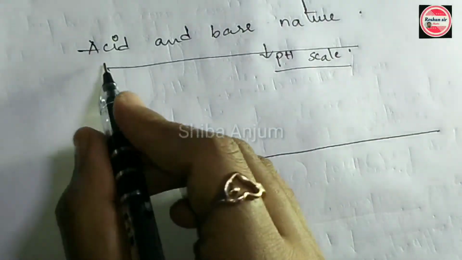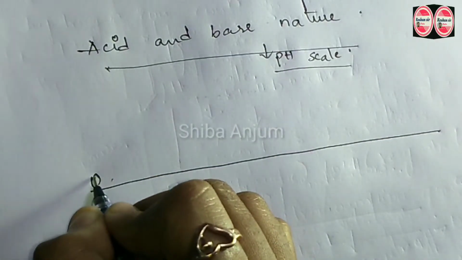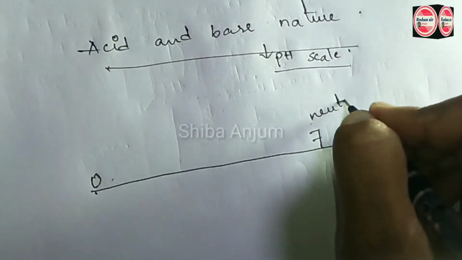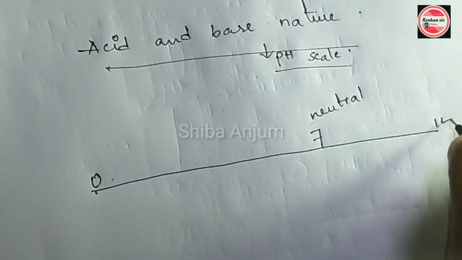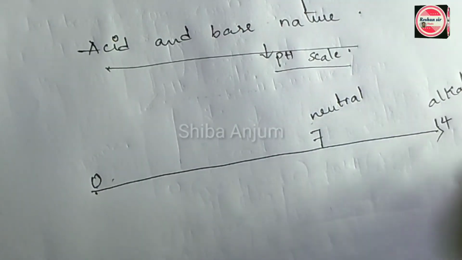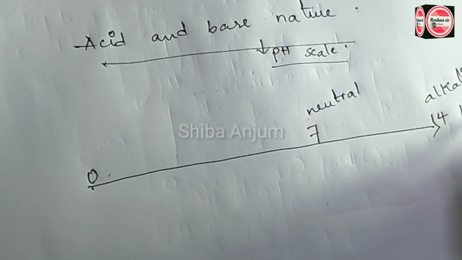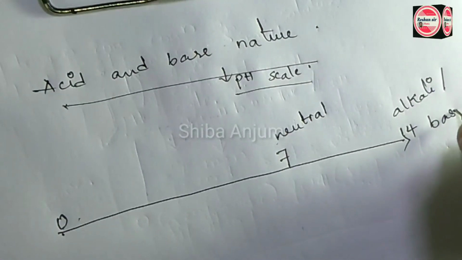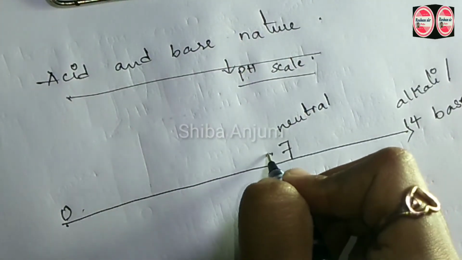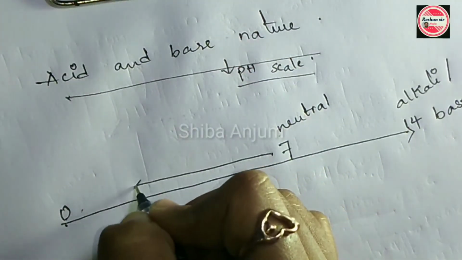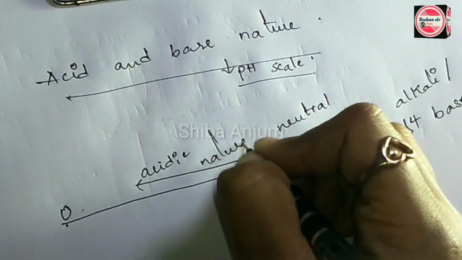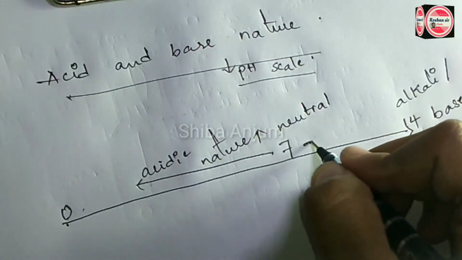As we know, acid starts from 0, 7 is neutral, and 14 is alkali, or it may be called base. Acidic nature increases from 7 down to 0.